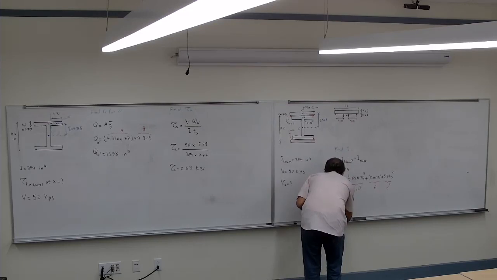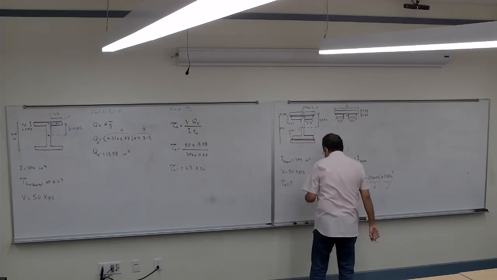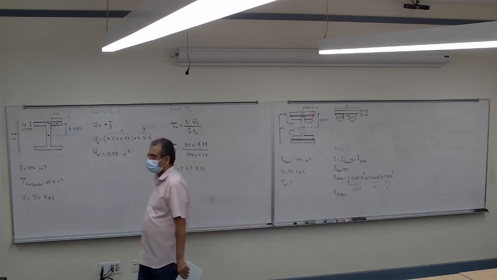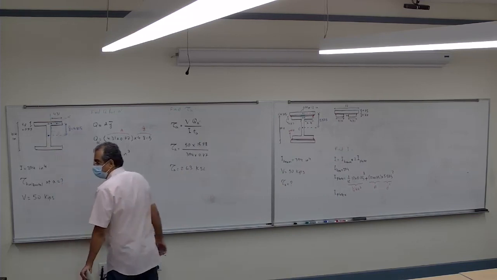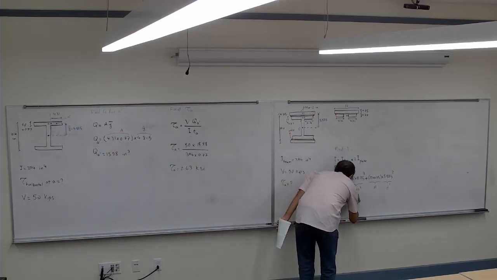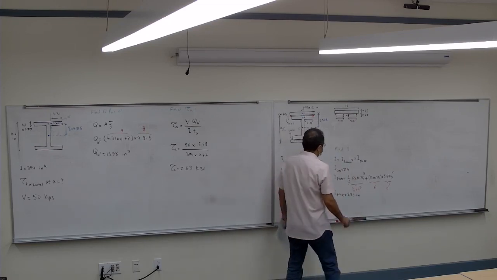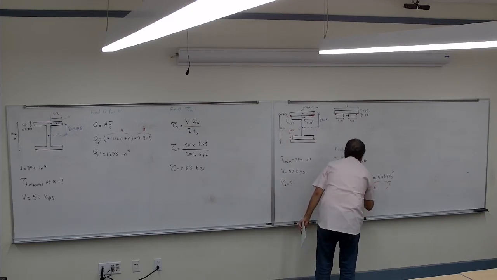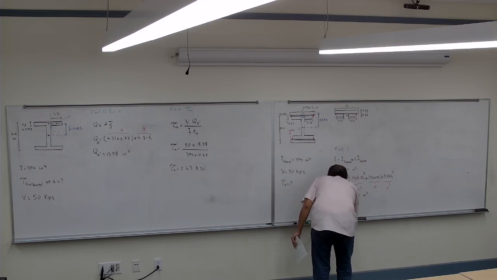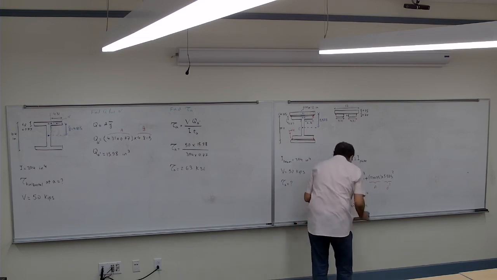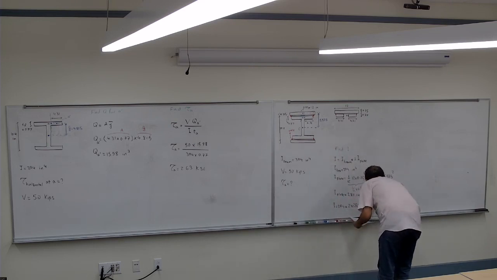So I for one plate would be 280.14. So 394 plus 2 times 280.14 will come out to 954.